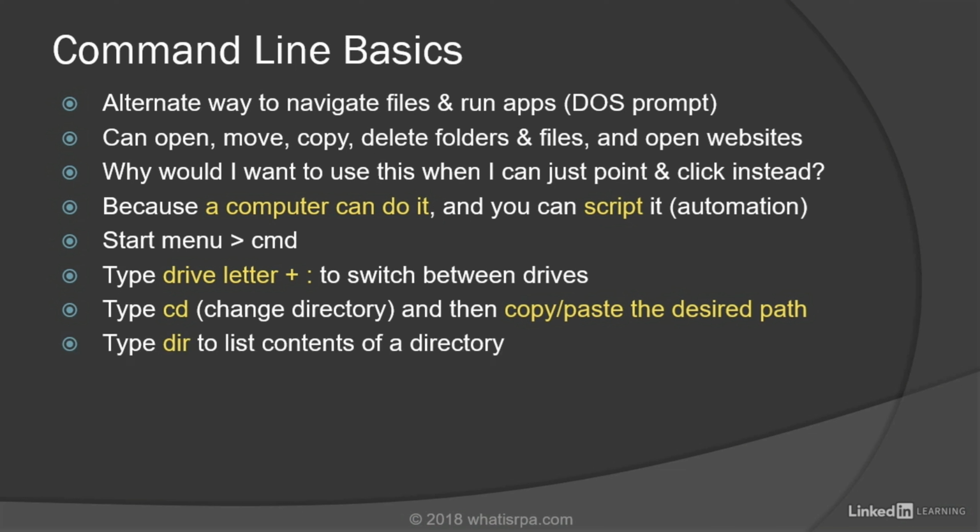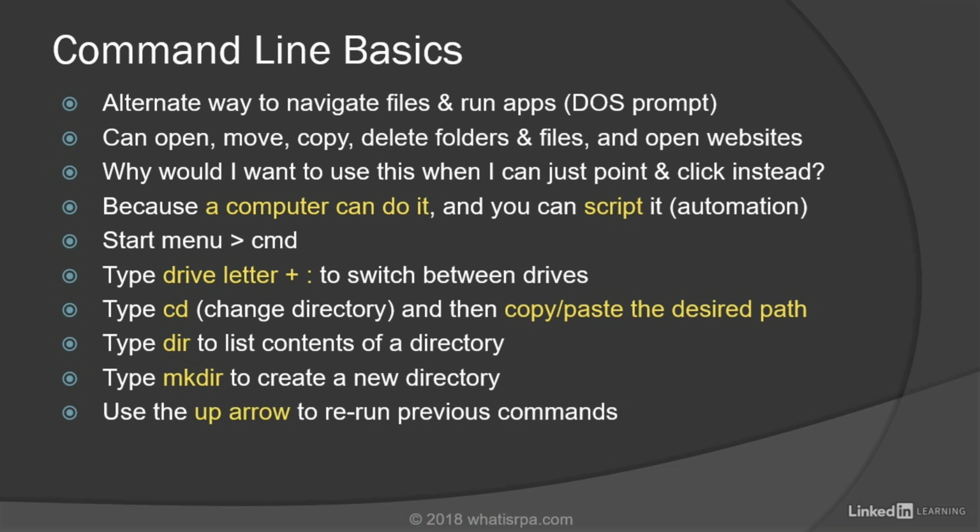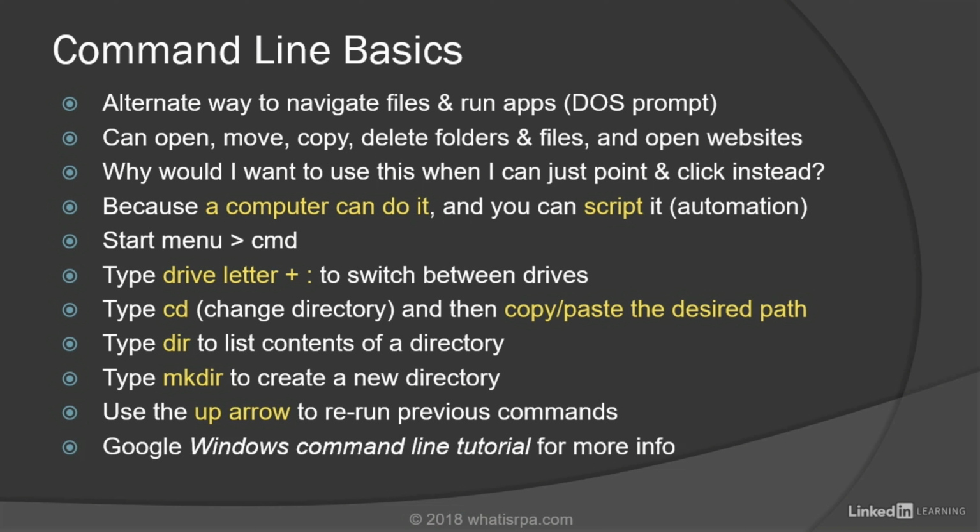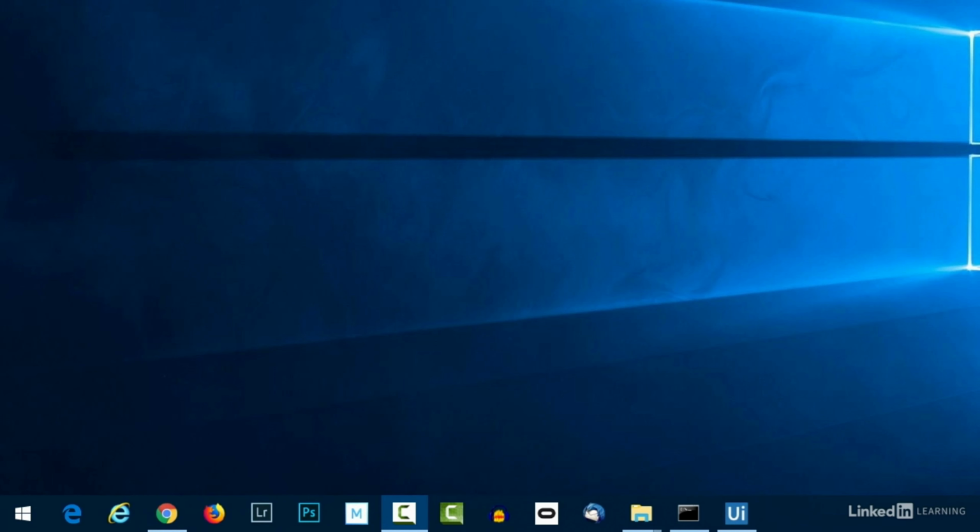You can use the dir command to list the contents of a directory, and all that means is it's going to show us a list of the folders and files inside a directory. You can use the mkdir command to create a new directory, and after you've run a few different commands in a session, you can use your keyboard's up arrow key to rerun previous commands. A quick Google of Windows command line tutorial will definitely give you a bunch more information about this. But let's go have a quick demo.